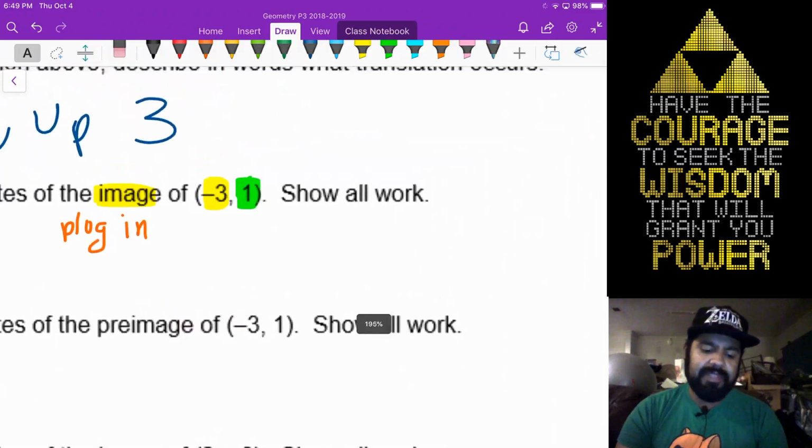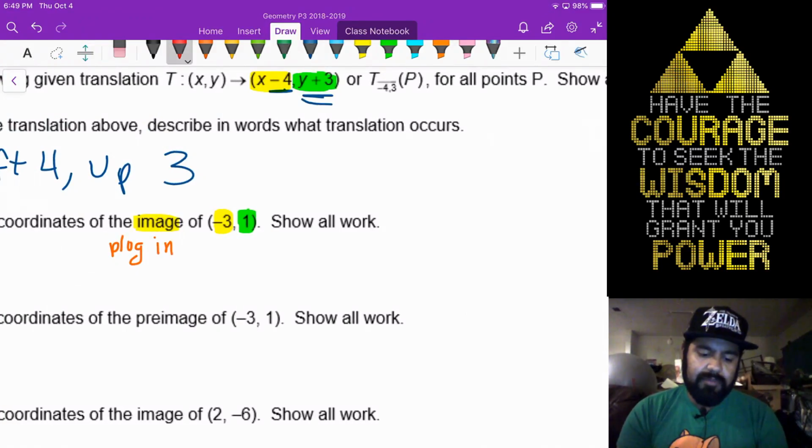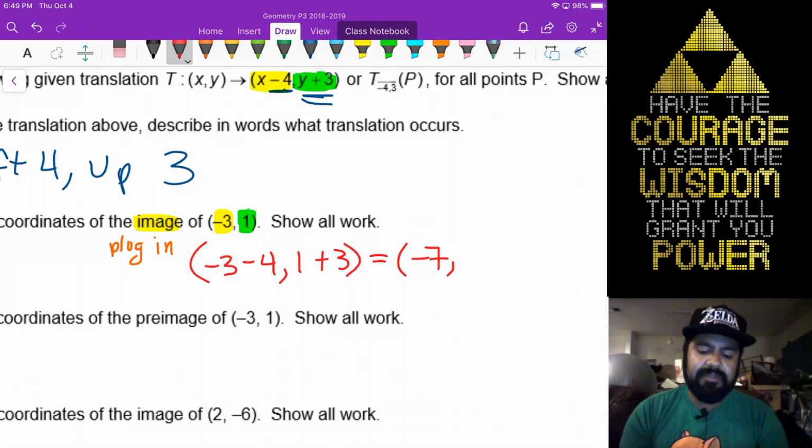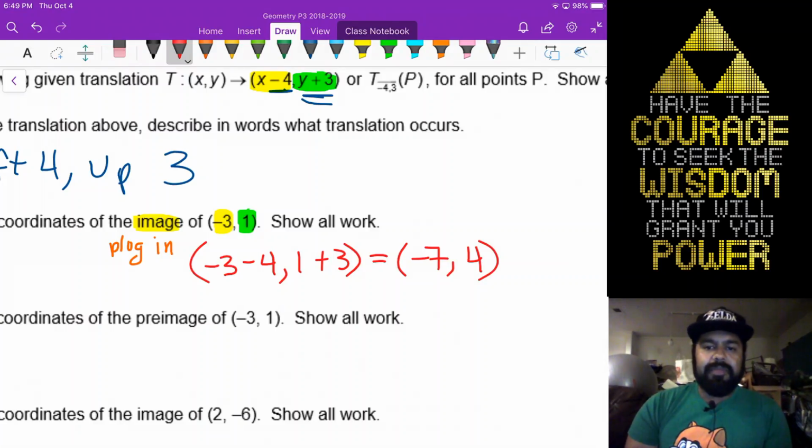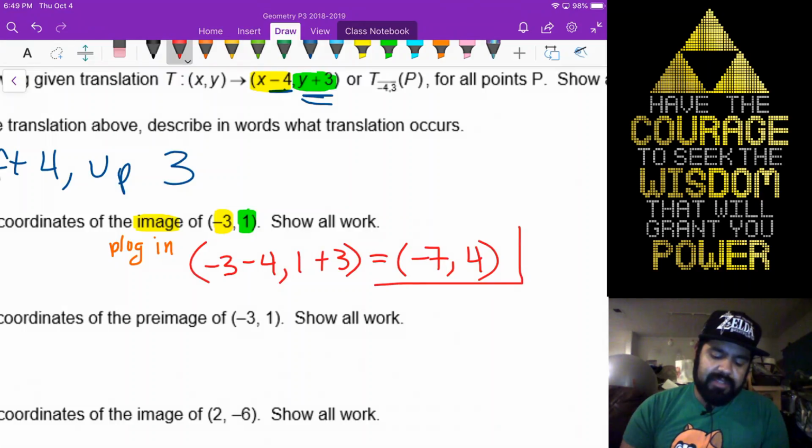Yay! So here we go. We have negative 3 minus 4, comma, 1 plus 3. So this is going to give us negative 7, comma, 4. And that right there is my image of the point.